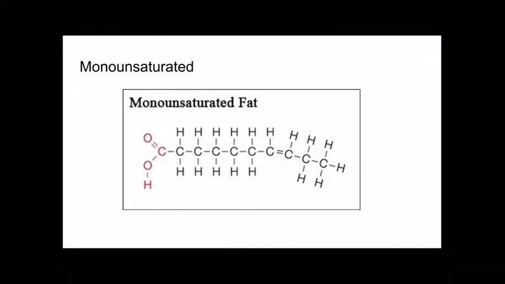There's one place where we have a double covalent bond. If we count carbons, starting with the carboxyl carbon, 1, 2, 3, 4, 5, 6, 7, 8. Between 7 and 8, those two carbons, that's where we're seeing that double covalent bond. Those two carbons are sharing 2 pairs of electrons, whereas all the rest of them are just sharing 1.